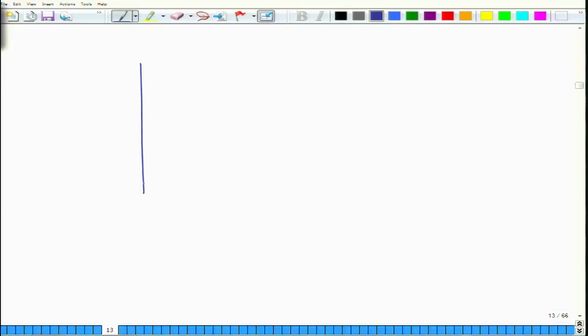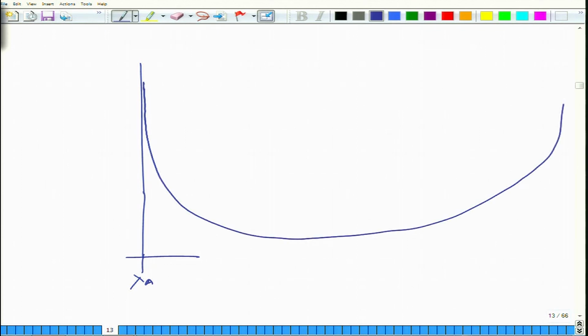So, if you zoom it, let us say this is XA and the curve will go like this. Something like that, okay. So, it does not actually intercept, it just goes parallel to the axis.